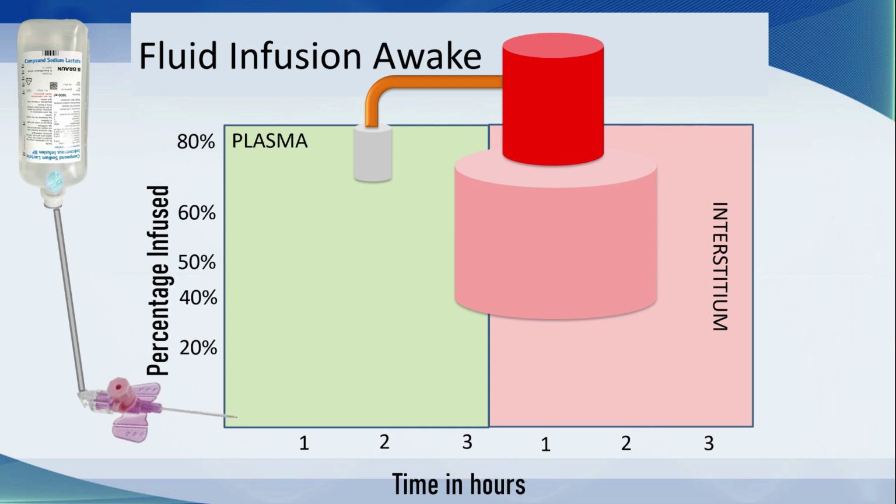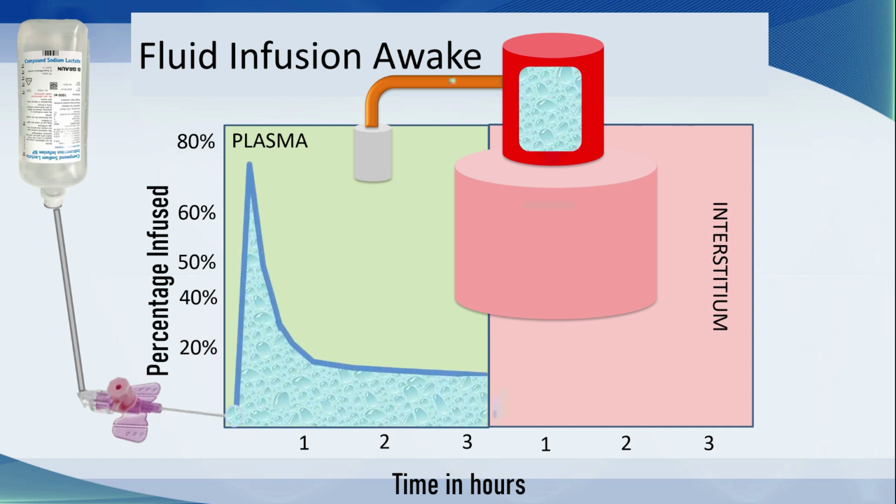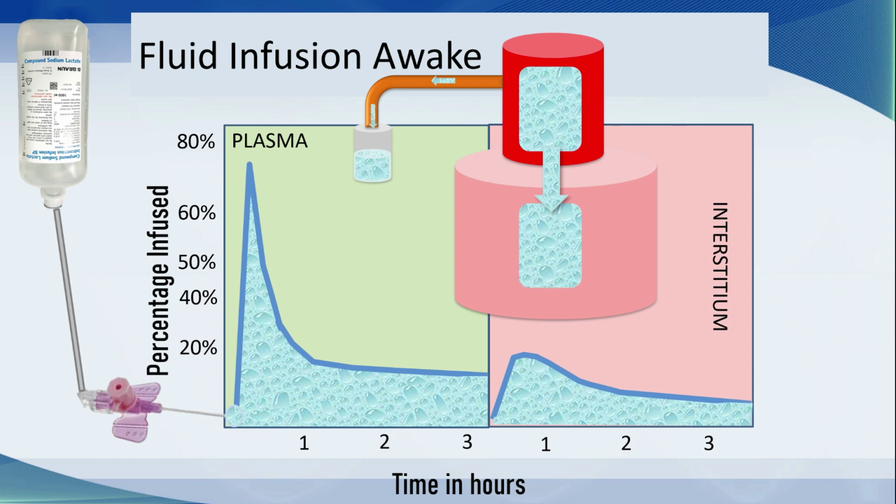Now we're going to give our patient a fluid bolus, and immediately as soon as the fluid bolus goes in, fluid enters the plasma volume, infused percent goes up. So you can see here, the fluid is given very quickly over about half an hour, and the plasma percent goes up rapidly, and then very, very rapidly it's cleared out of the plasma.